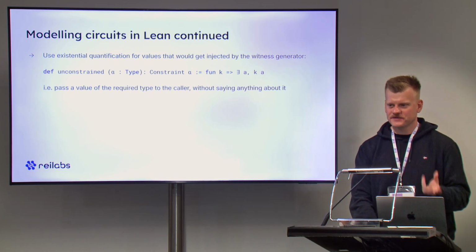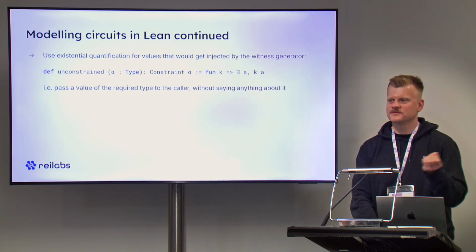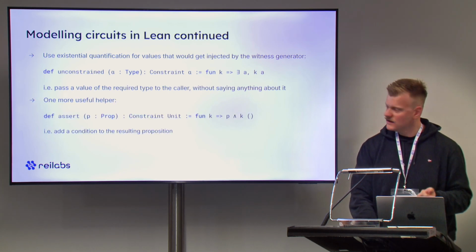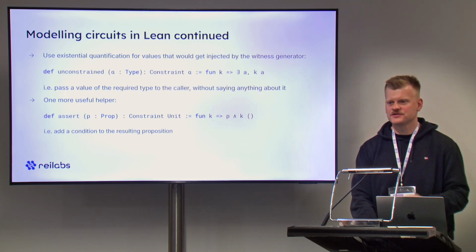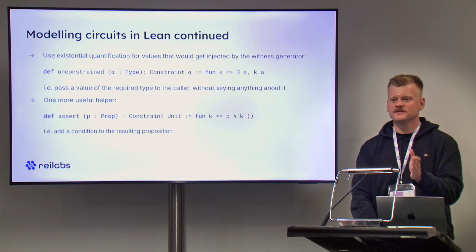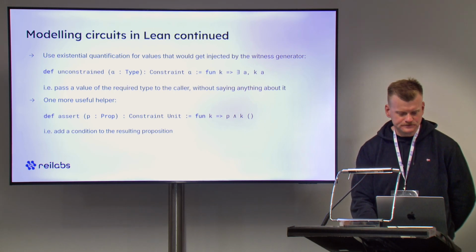So this is a great abstraction for the bag of equations model, right? Because the equations do not give you assignments by themselves. They just tell you this has to be satisfied. And we also have an assert, which will take a proposition and it will assert it. So it will just end it with the rest of the builder.